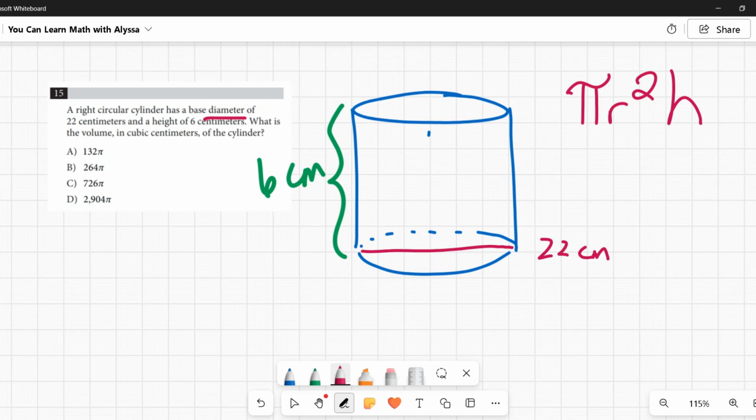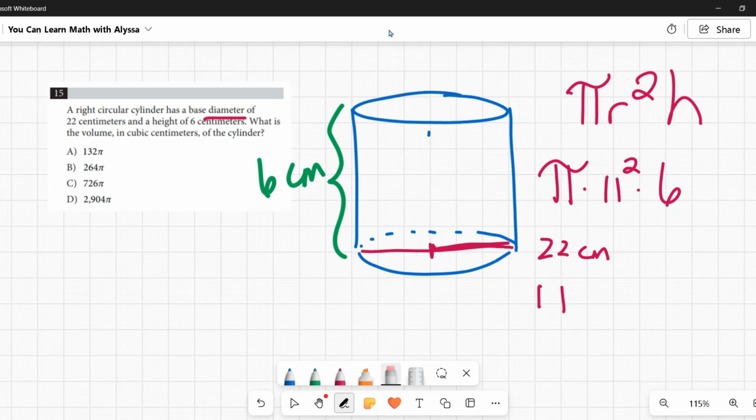Okay, so if the diameter is 22 centimeters, the radius is going to be half of that. So 22 divided by 2 is just 11. Then I'm going to plug in my numbers, because I have my radius and my height of the cylinder, so I'm ready to go. So pi times the radius, which is 11, squared, times my height of 6.